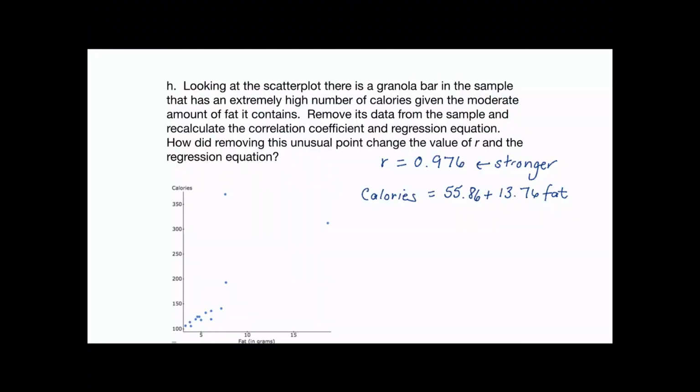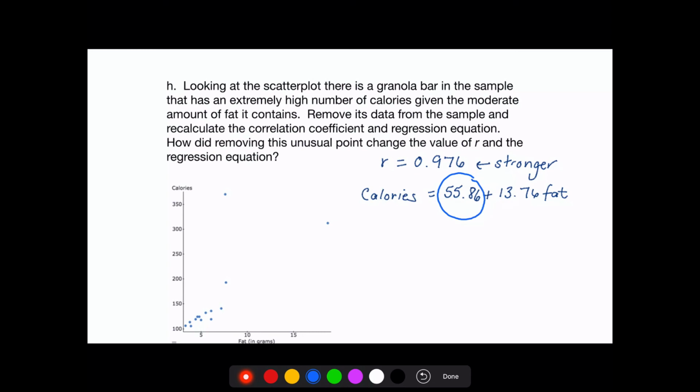So we can see that removing that unusual data value gave us an r value of 0.976, so r got stronger. And in our regression equation, we can see that our y-intercept and our slope were changed as a result of removing the data value.